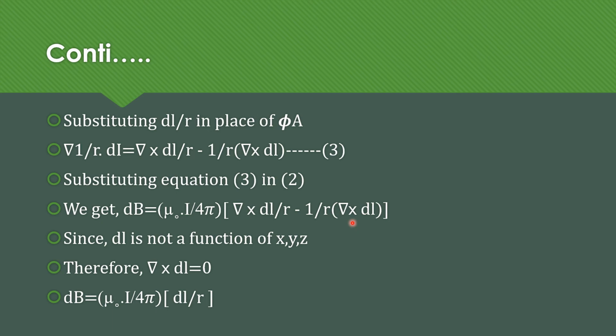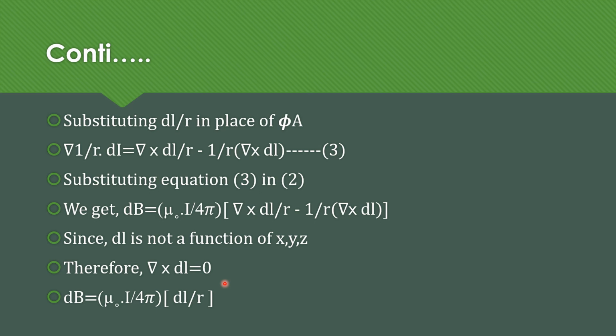And we know that this dL is not a function of the coordinates x, y, z of the point at which the magnetic induction is required. And the operation del represents differentiation with respect to these coordinates. So we must have del cross dL equal to 0.